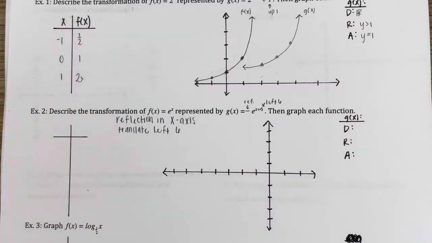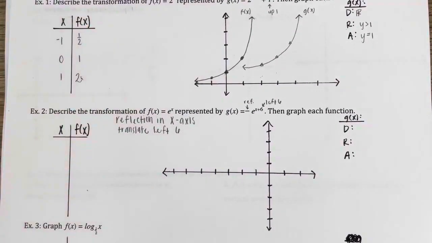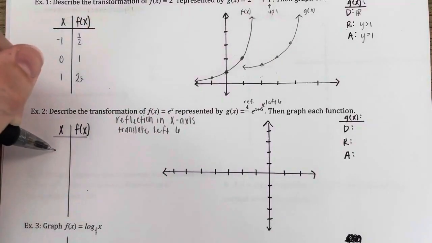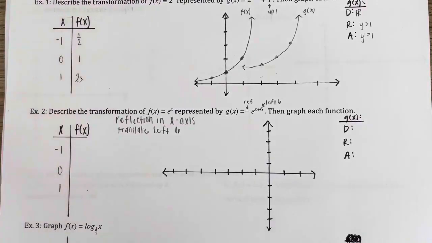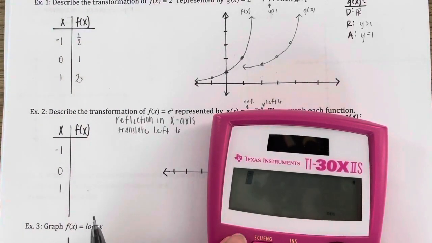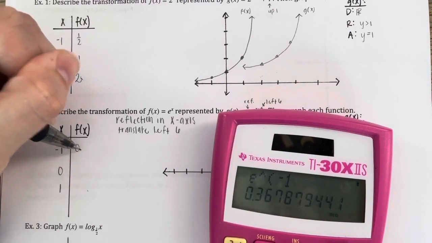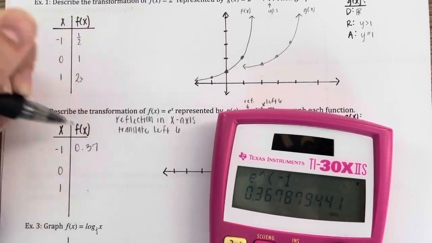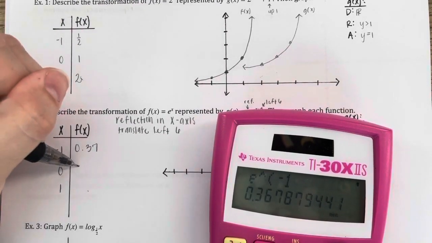So when we make a table, we'll make it for just the f of x. So x and f of x. And of course, f of x is e to the x. Since it's an exponential, we'll choose x equals -1, 0, and 1. When I raise e to the negative first power, I get about 0.37. When I raise e to the 0 power, anything to the 0 power is 1.